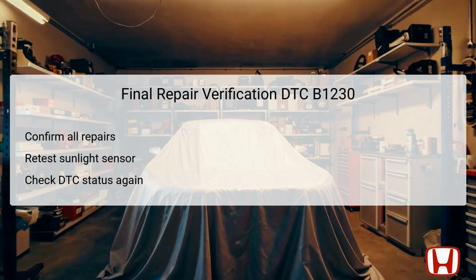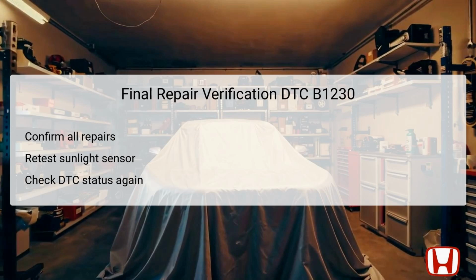After completing the necessary repairs, it is crucial to verify that the problem has been resolved. Start this process by confirming that all repairs have been accurately executed and that components have been reconnected properly. Next, retest the sunlight sensor to ensure it is functioning as expected following replacements or repairs.